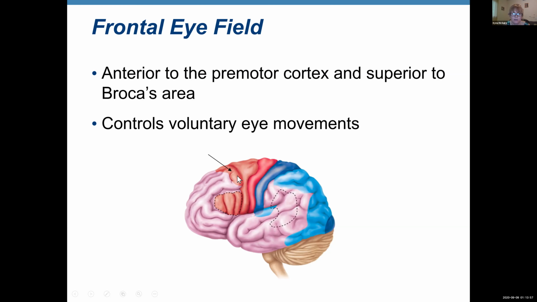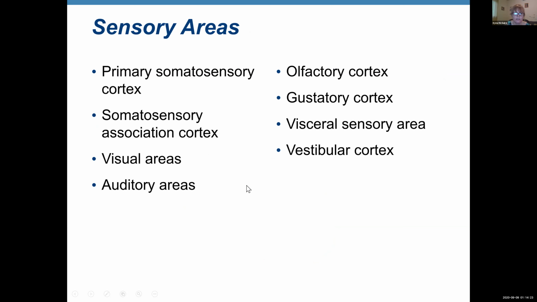Remember, everything that comes from cortex in the motor area involves your voluntary movement. This one is specifically for eye movement, Broca's area for tongue movement, right? And if you see this primary motor cortex on a homunculus, you can see how the different parts are responsible for movement of your body parts, right? So that's the motor area.